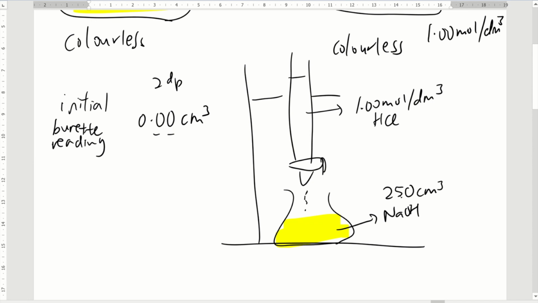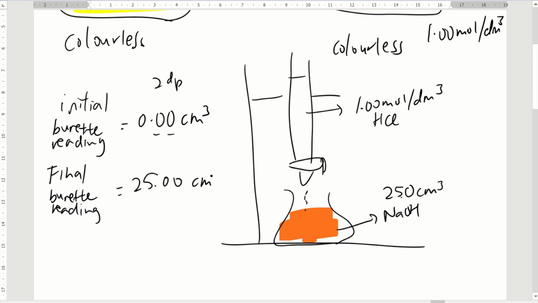And then I let it react. I continue to let it react until I realize that my indicator changes color to orange. Then I stop because it's neutralized. So I look at my volume again. The final burette reading, I realize, is 25.00 cm cube.